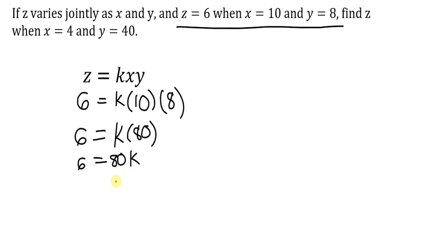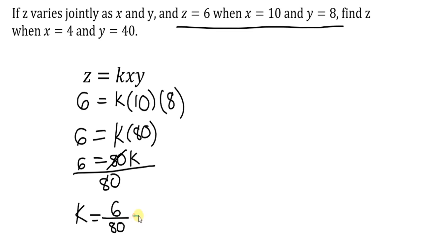Okay, so find the value of k. So ang gagawin natin, divide both sides by 80 para makancel na to. So matitira na lang dito sa isang side ay k. And it is equal to 6 over 80. Okay, so pwede pa natin yung i-lowest term.